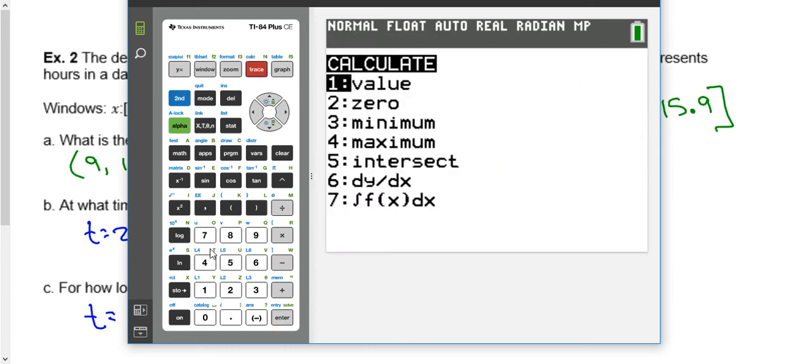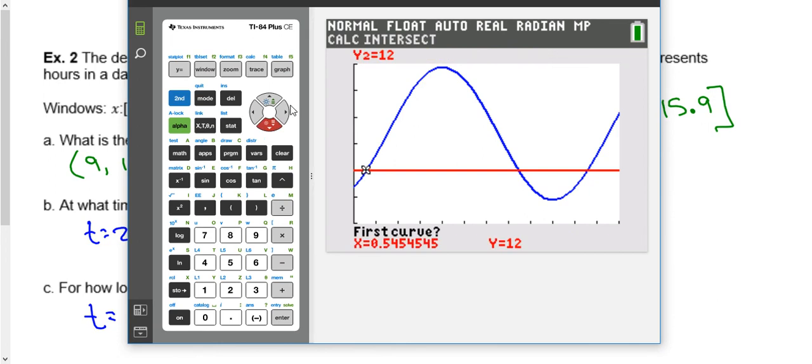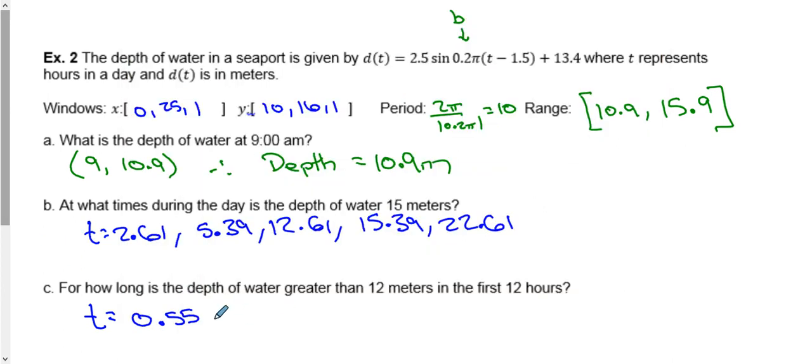So second trace option 5. So we're greater than 12 all through this entire section until we get to this right here, which is 7.45. So from 0.55 to 7.45, you're greater than 12 meters.